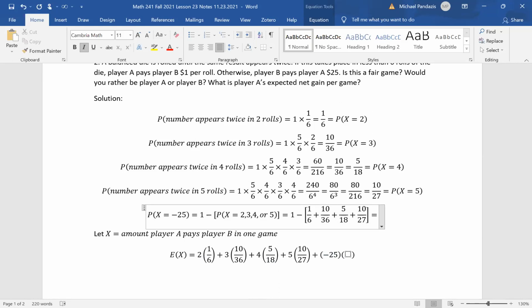So you have 1/6, plus 10 divided by 36, plus 9 divided by 18, plus 10 divided by 27.